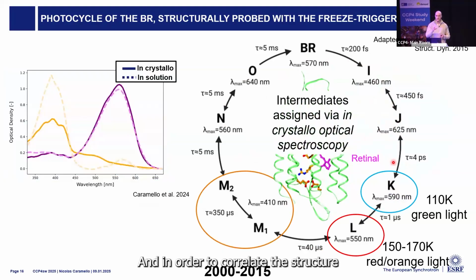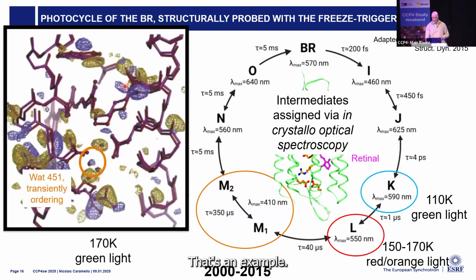And in order to correlate the structure of the crystal to the known transient spectroscopy intermediates, they used in crystallo UV-visible absorption spectroscopy, where you can match the spectrum of the crystal to that of your known transient intermediate. That's an example of an isomorphous difference map, negative peaks in yellow, positive in blue, of a crystal that contains some of the M state.